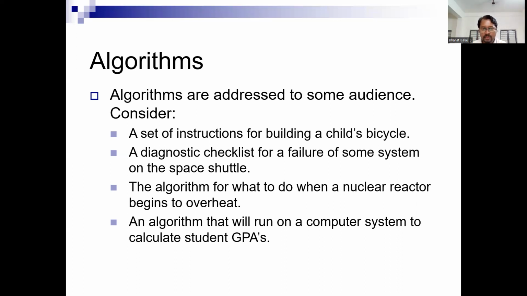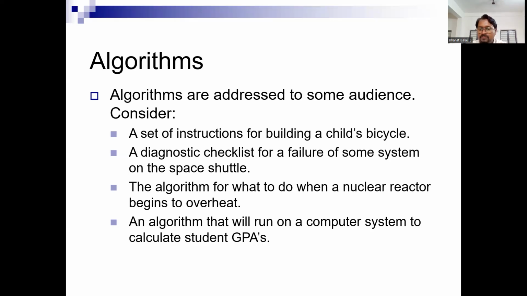Any mechanical device which we operate will have some problems while operating. So the different problems and failures that we will get in that particular device will be given as a checklist. Those are given as an algorithm, step by step.